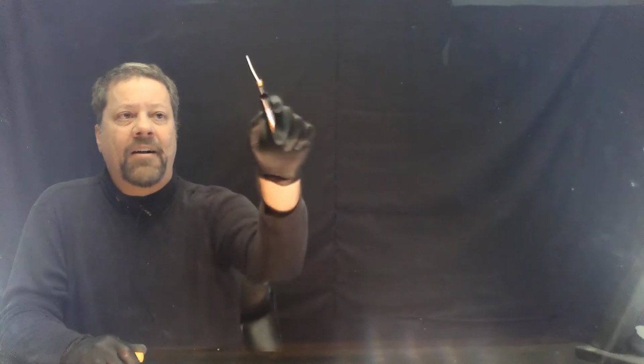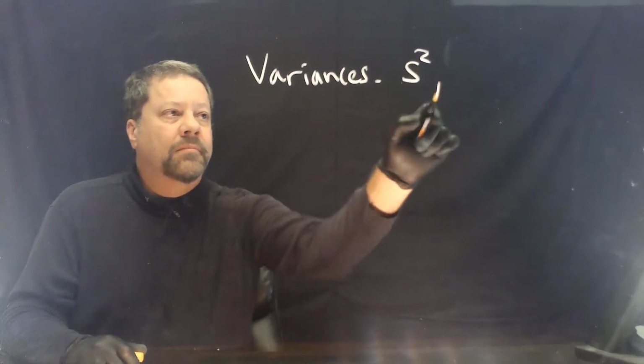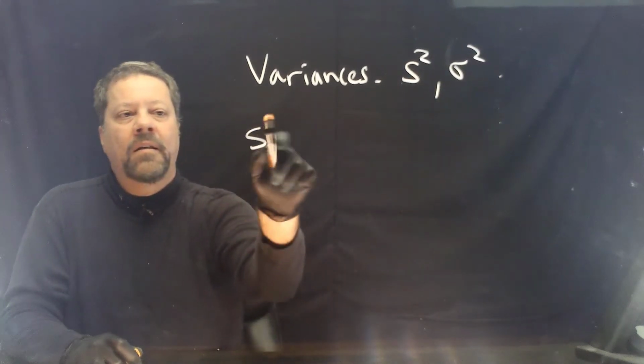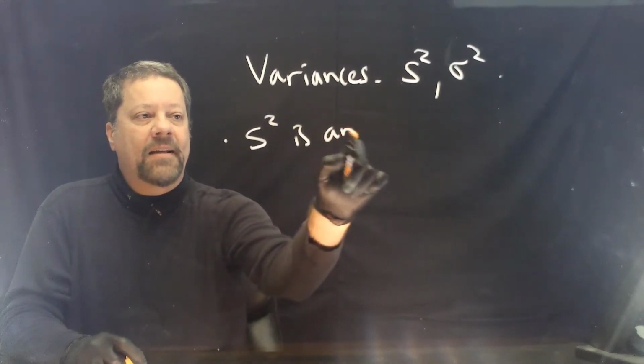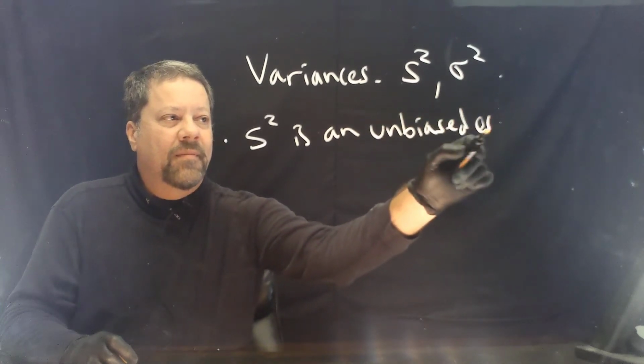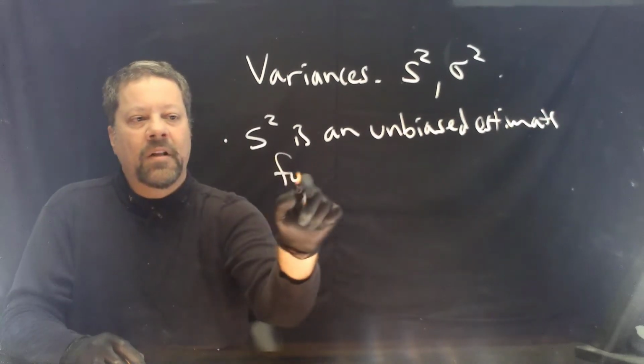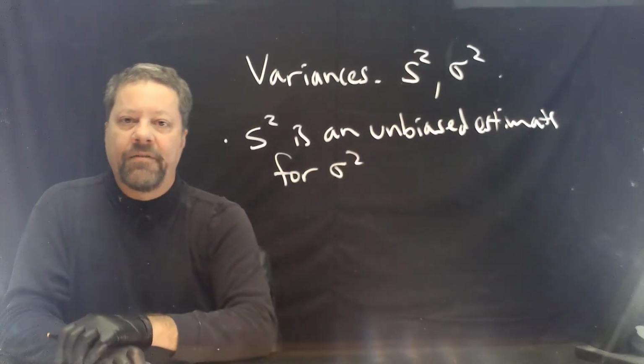A little bit about our variances. S squared is an unbiased estimate for the population variance.